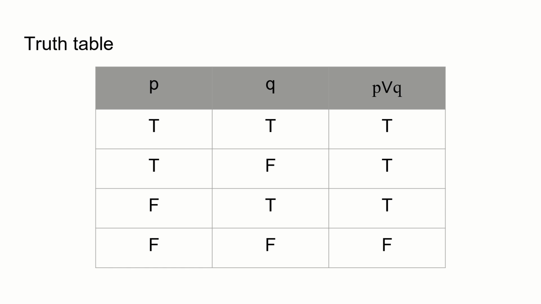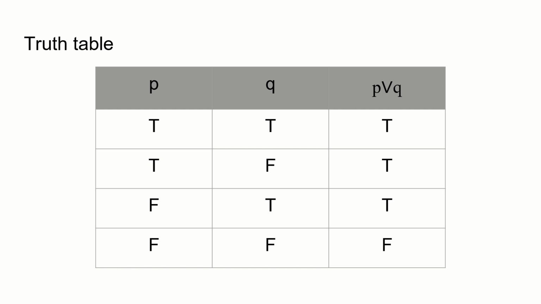If P and Q are both true, their disjunction will be true. And if P or Q, one of them is true and the other is false, their disjunction will still be true.